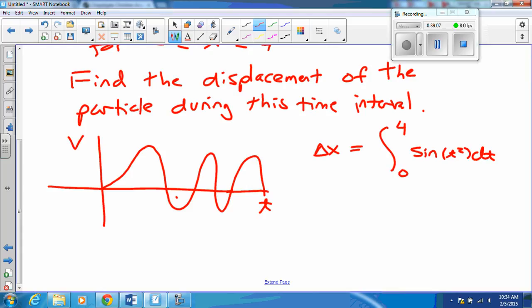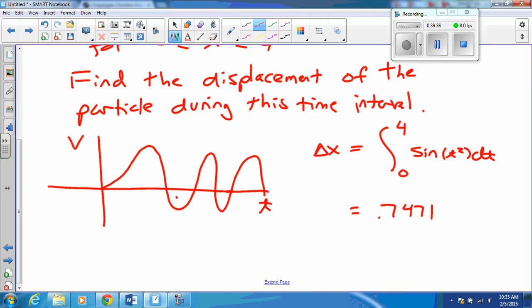Now I have evaluation. What are my choices for evaluation? Well, definitely not an area formula. And definitely not rectangles. So how about calculator? That works for me. And so I'm going to integrate from 0 to 4. And the calculator tells me that this integral is 0.7471.